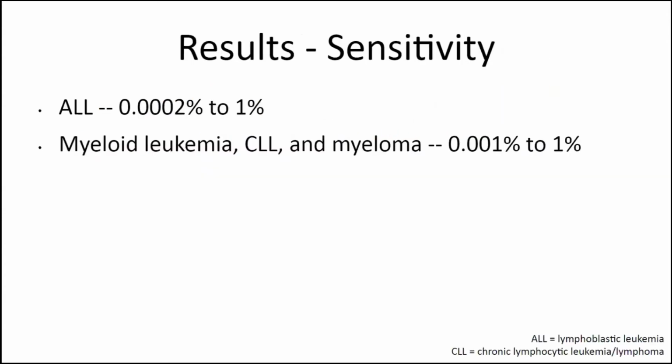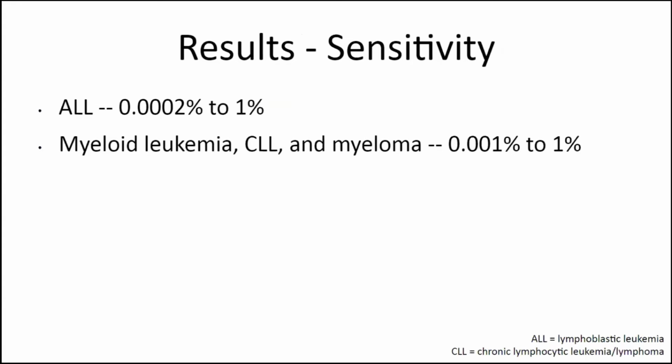The write-in answers for lower limit of detection or sensitivity ranged widely. ALL ranged from 0.0002% to 1%, and the other neoplasms range from 0.001% to 1%. Arguably, 1 in 100 cells is not really minimal residual disease testing.